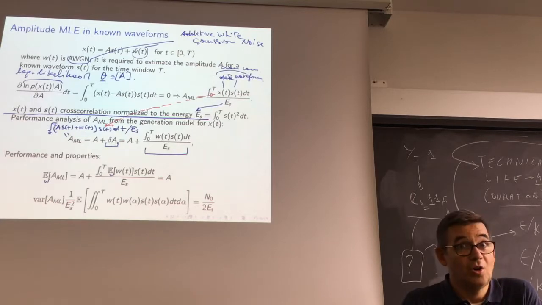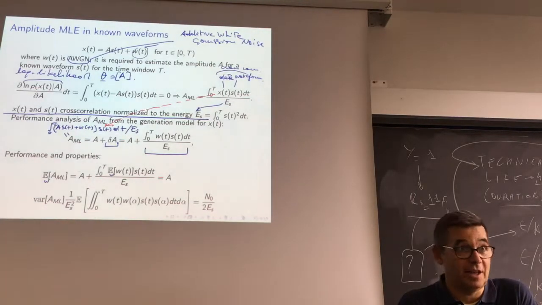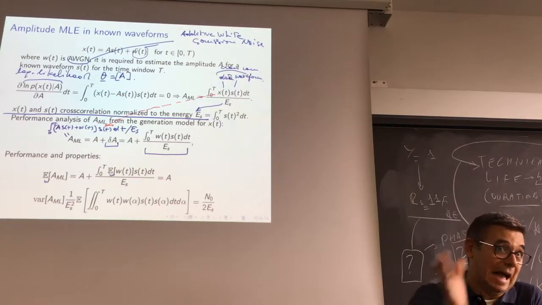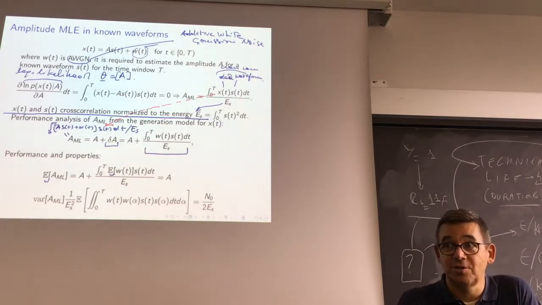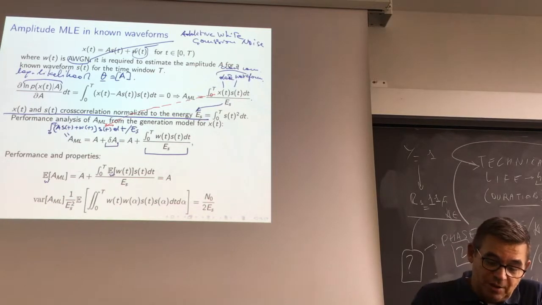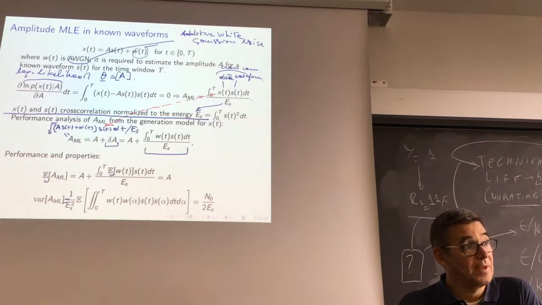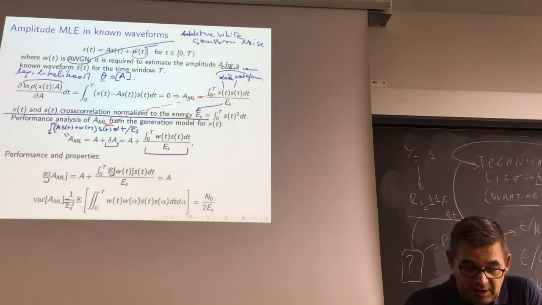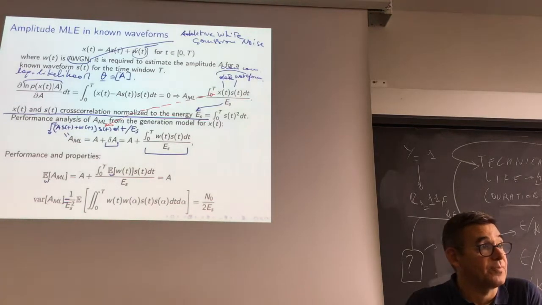Once I have seen those of you that cannot calculate, then I will help, because you deserve to be helped. So, as I said, I can calculate the variance of that, and by computation it becomes N0 divided by 2 times the energy.